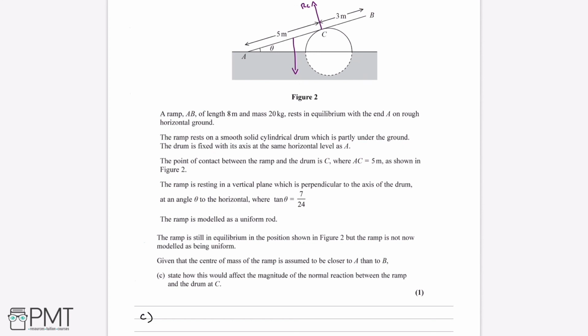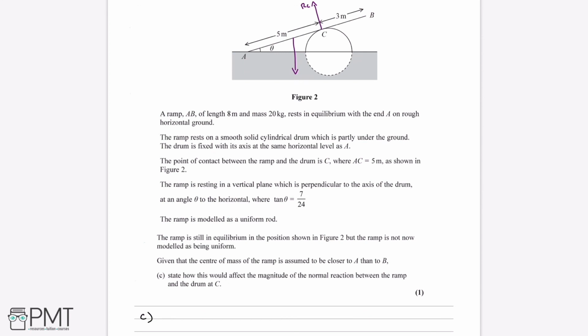And so, given that moments are the distance multiplied by the force, if our distance between A and this point here has decreased, then the total moment of this force will decrease. And if this is the only clockwise moment acting, then the clockwise moment about A will decrease.